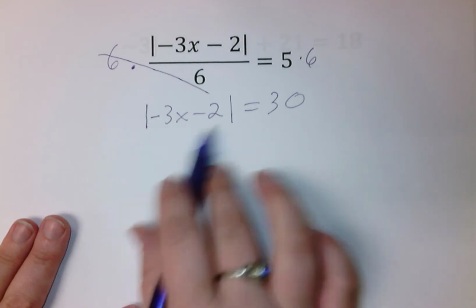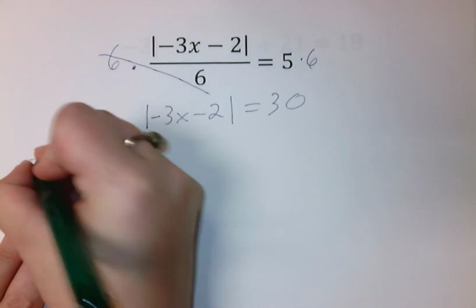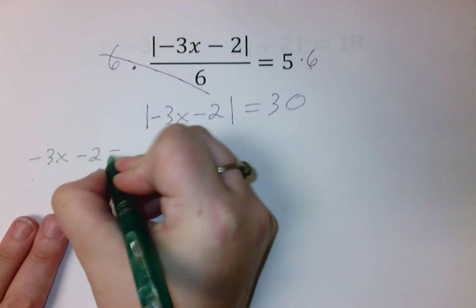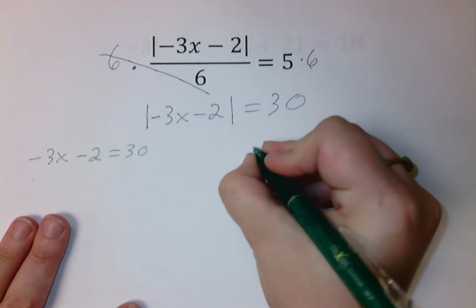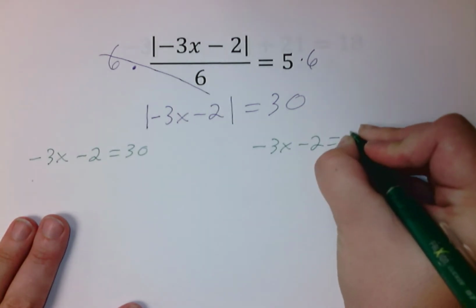I have my absolute value isolated, so now I can set up my two equations. We get negative 3x minus 2 is equal to 30, and negative 3x minus 2 is equal to negative 30.